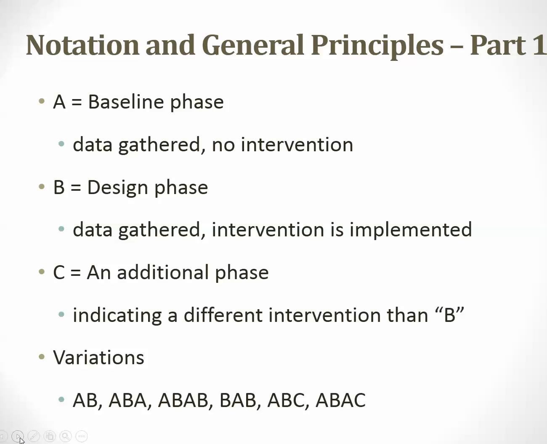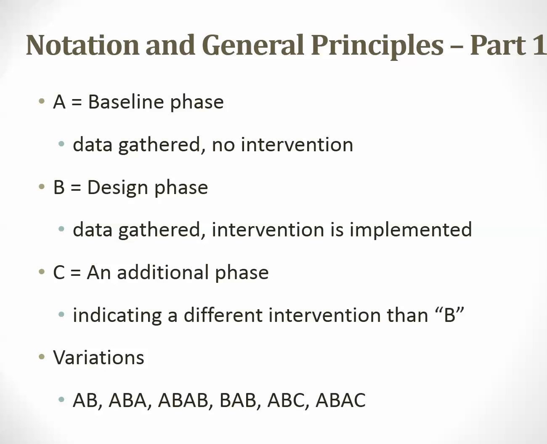The notation and general principles of single system research designs. And so you'll oftentimes see single subject research designs identified with these variations down below here: AB, ABA, ABAB, BAB, ABC, and so forth. The basic notation and principles are A, B, and C. And so you can see these in any combination.